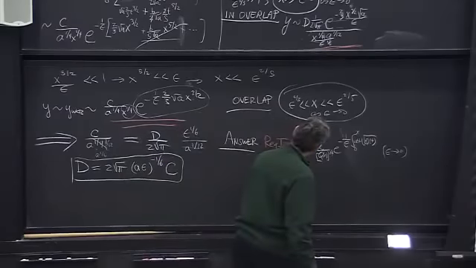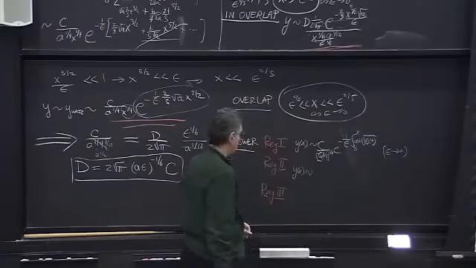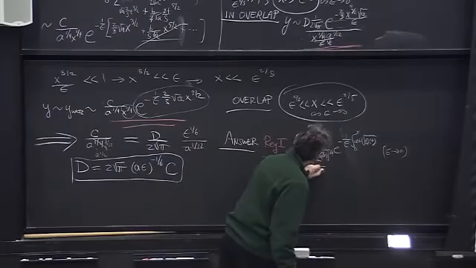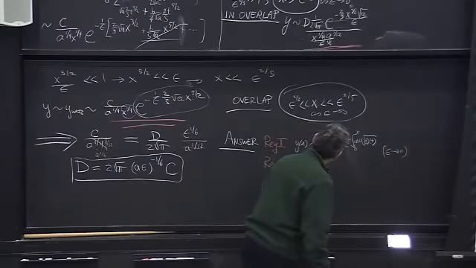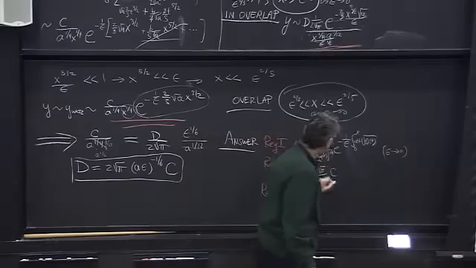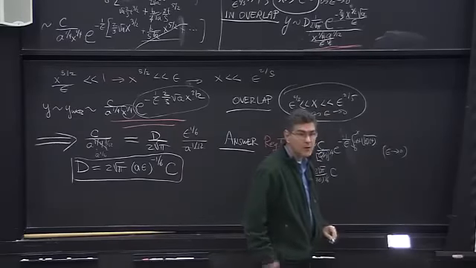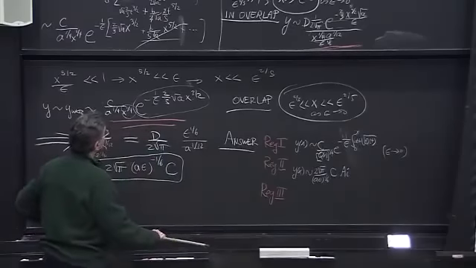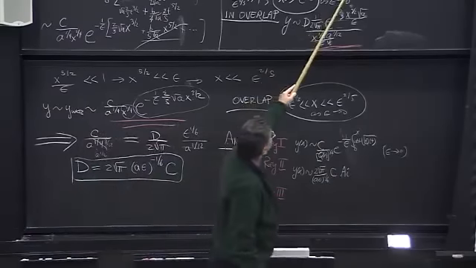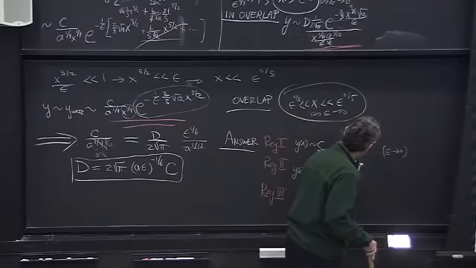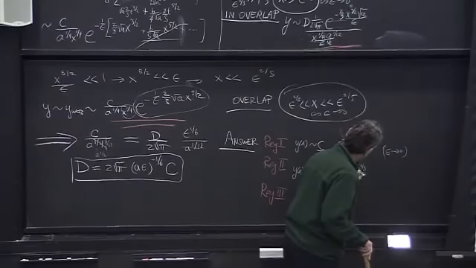Region 2, y of x is asymptotic to D, which is 2 square root of pi divided by a epsilon to the 1/6, times this constant C, times an Airy function. And the argument of the Airy function is x times a to the 1/3 over epsilon to the 2/3.